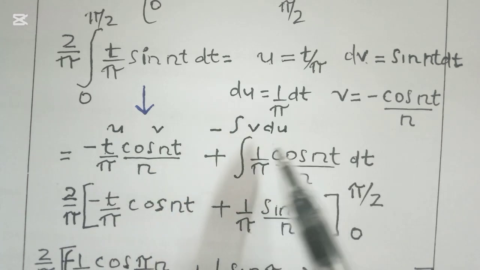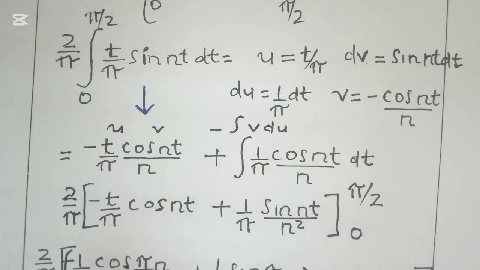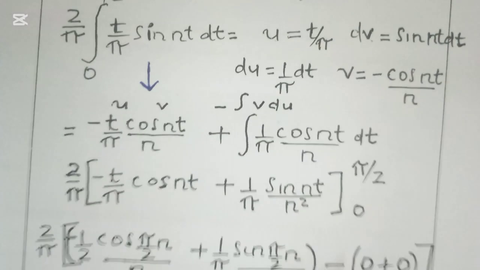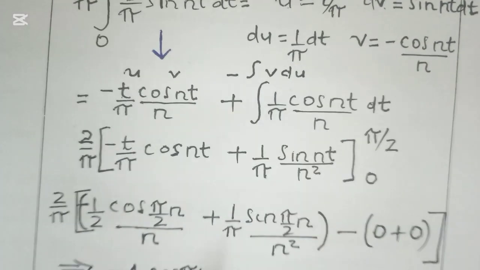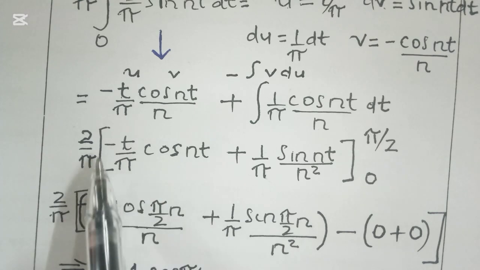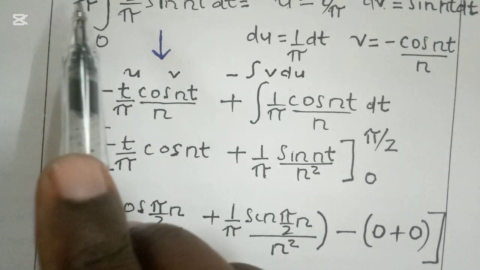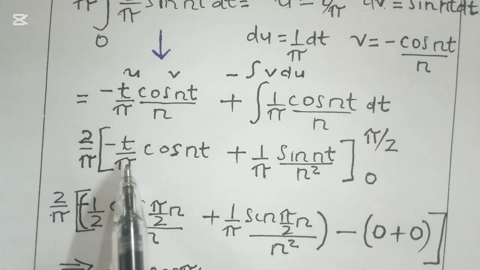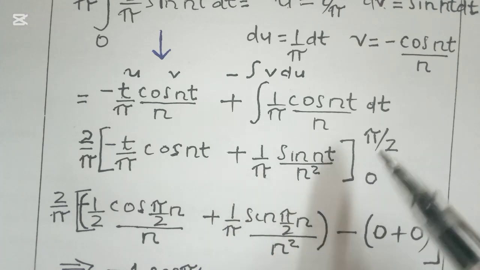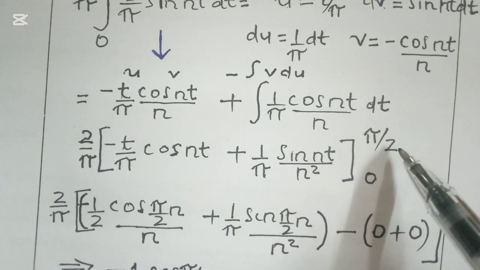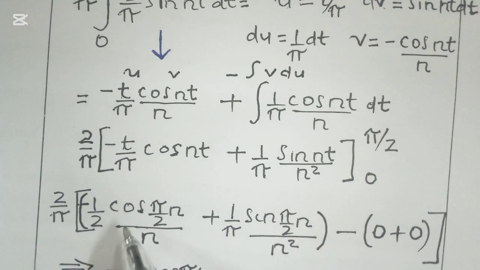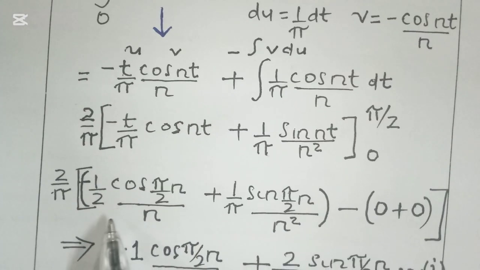And then I have my du here. After integrating that, this is what I found out. I found out the 2 over pi is there, and this one comes to that and that. I now come and replace my pi over 2 first. When I replace my pi over 2, this is what I am going to find.